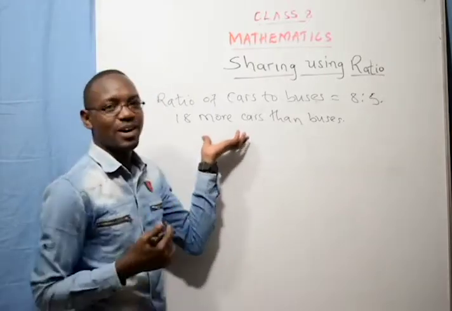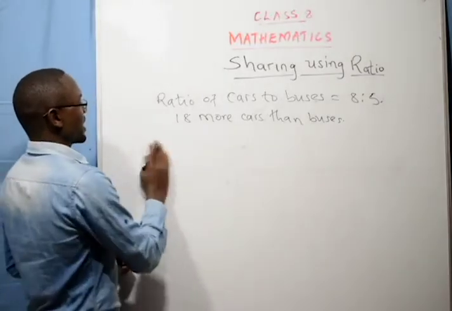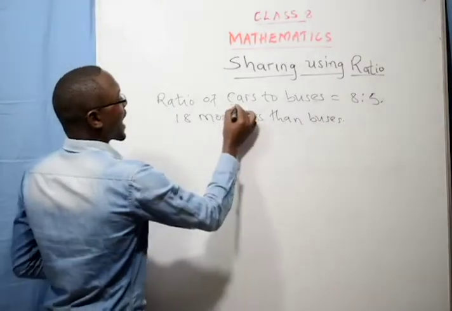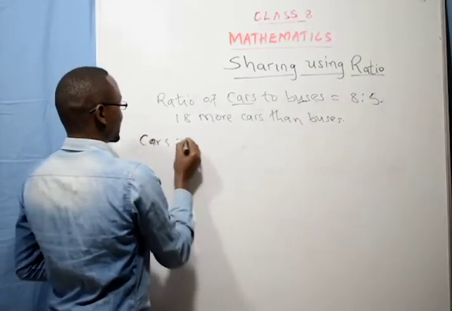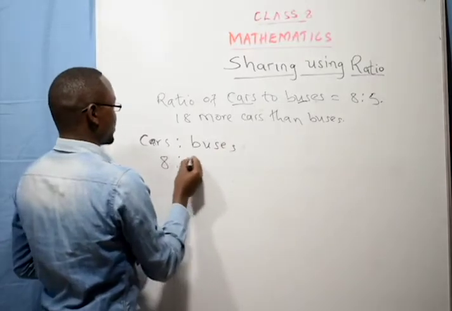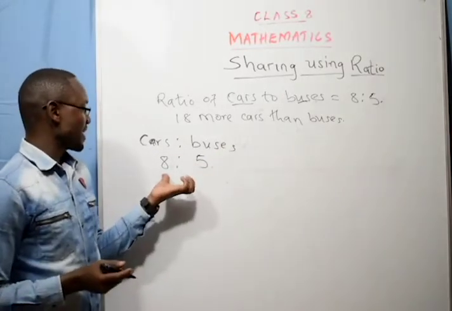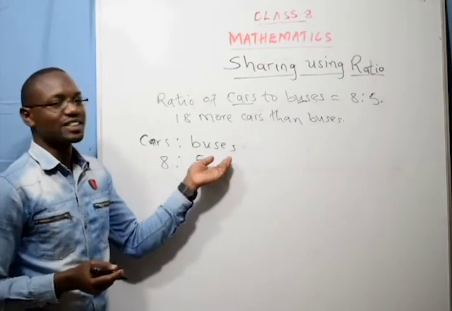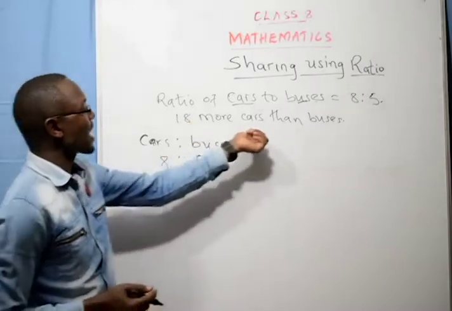So how do we approach this question? You write cars is to buses, the ratio 8:5. The ratio of cars to buses in that garage is 8:5. Then you are told there are 18 more cars than buses.